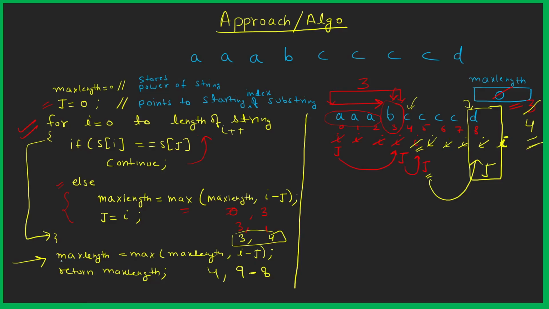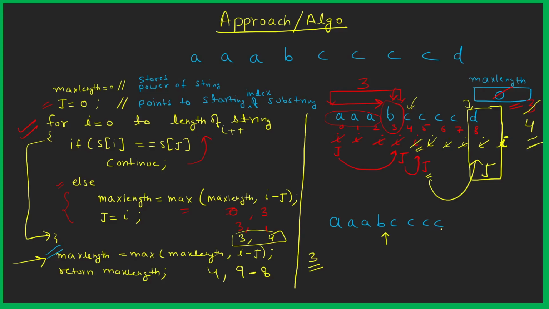Now one can ask why we are checking this maximum length outside the for loop. In this current example, if we do not check maximum length outside the for loop, then also the answer will be 4. But what about this case? When we reach B position, the maximum length will be 3. When we reach C, maximum length will be 3.